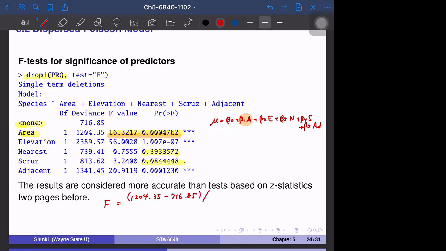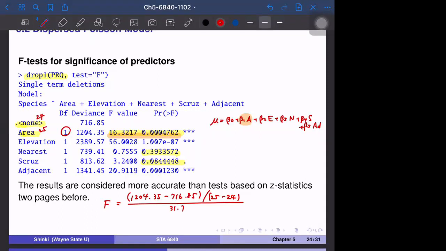But the area is just one parameter, so this is 1. To be exact, the larger model has 24 degrees of freedom and the smaller model has 25, so that's 25 minus 24. But anyway, the difference in parameters is 1. So this is divided by 1.